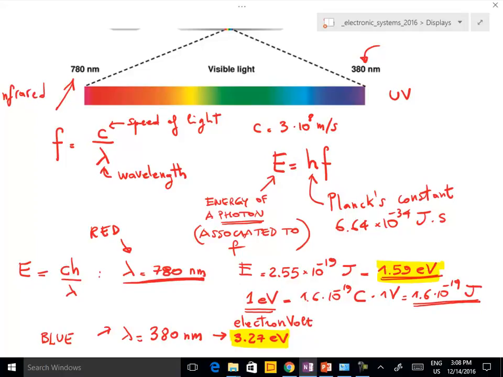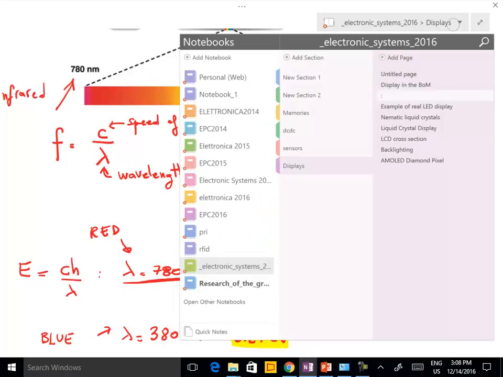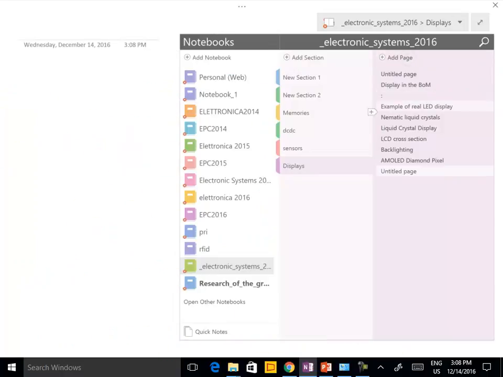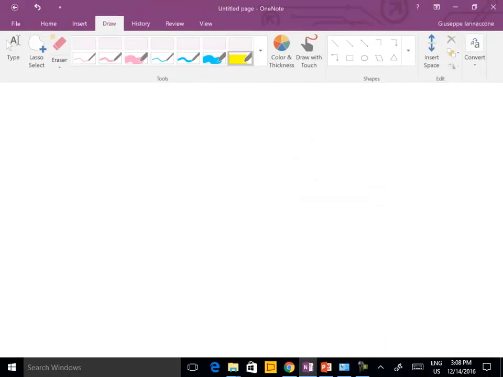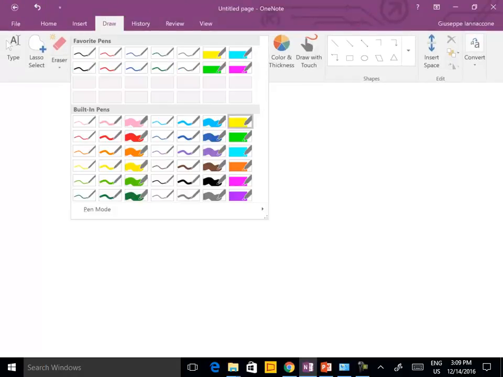Okay? Now, the simplest way to generate light with a solid state device is by using an LED.